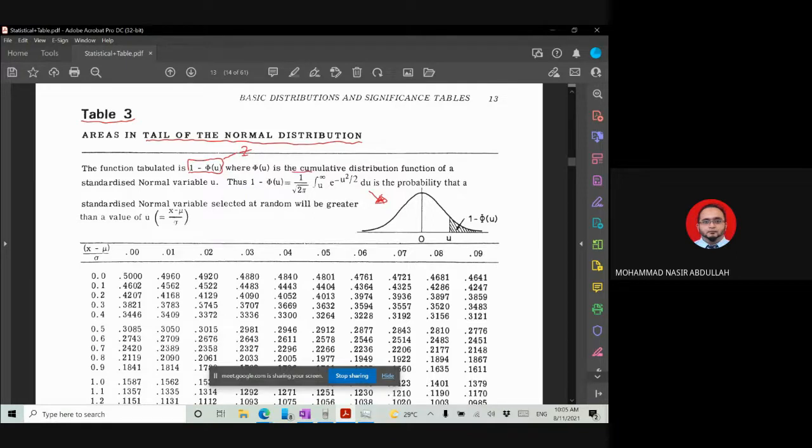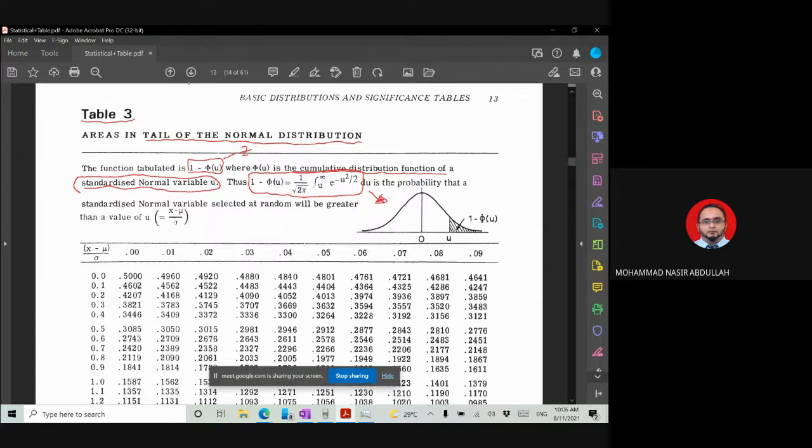It is a cumulative distribution function of a standardized normal variable. This is the PDF, or probability density function, for the probabilities of a standard normal distribution.